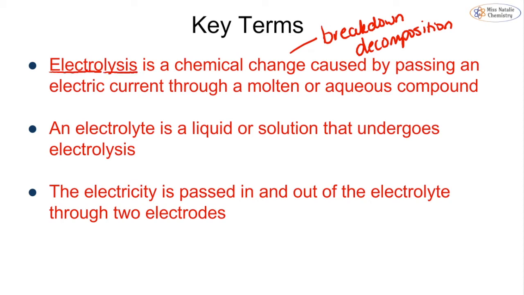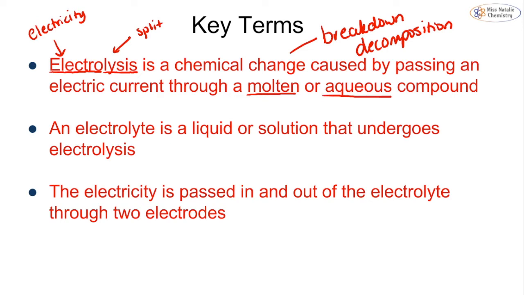We have electro, which stands for our electricity, and then we have lysis, which means to split. So we have splitting or the breakdown or the decomposition of an ionic compound using an electric current. And these have to be either molten or aqueous. And these are the ones that we'll focus on as we go forward.